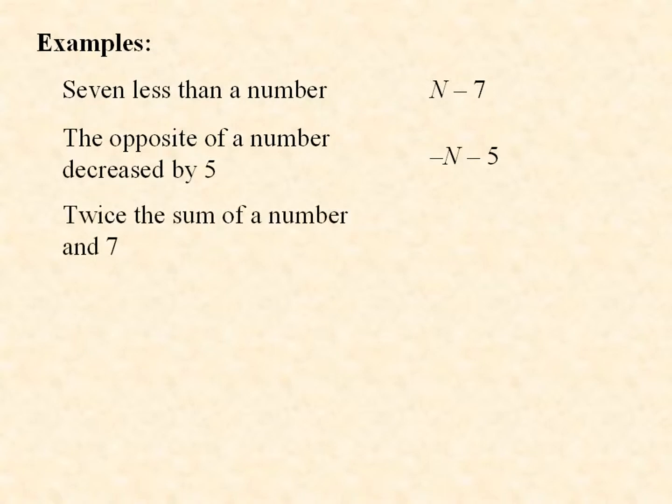Twice the sum of a number and 7. You have to be very careful about this. It really says that you add the number and 7 and then multiply the result by 2. So we need to use parentheses. 2 times the quantity n plus 7.